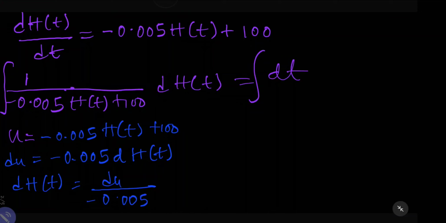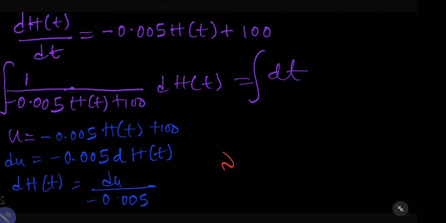So moving on, this means we are going to be replacing dh dt with du all over minus 0.005. And this also implies that our du all over 0.005 has a constant, which is 1 over minus 0.005.